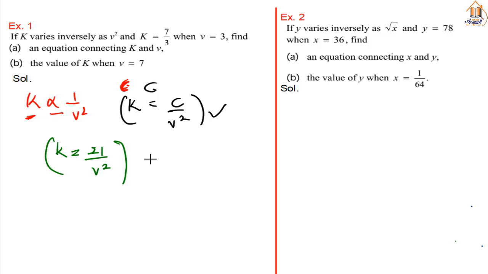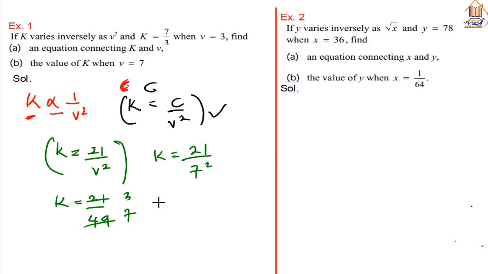So k will be equal to 21 all over 7 squared. Now 7 squared is 49. Therefore k becomes 21 all over 49. Now 7 into 21 gives 3, and 7 into 49 gives 7. Therefore k will be equal to 3 over 7. That is the value of k when v is equal to 7.